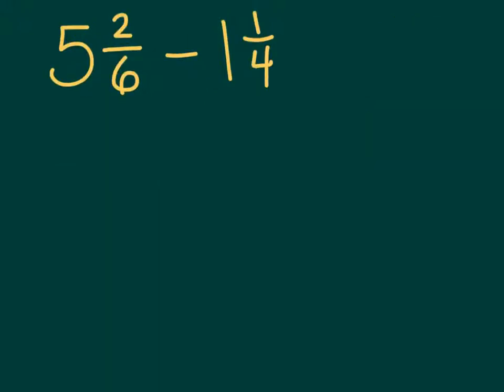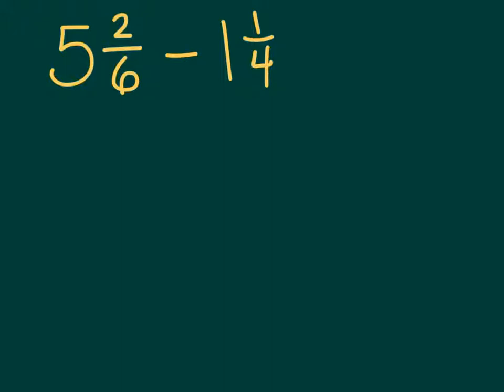The same is true for subtraction. You'll need to find a common denominator, find equivalent fractions, and then you will end up subtracting the whole numbers and subtracting your fractions. So if I look at 6 and 4, I should be able to find a common denominator.